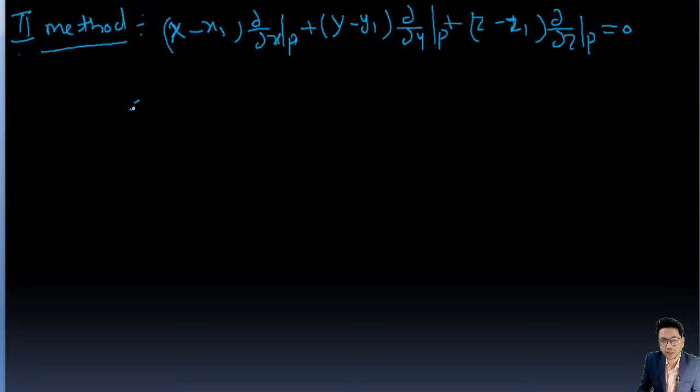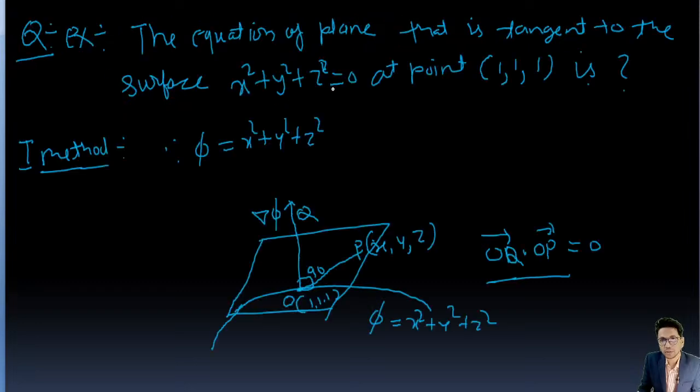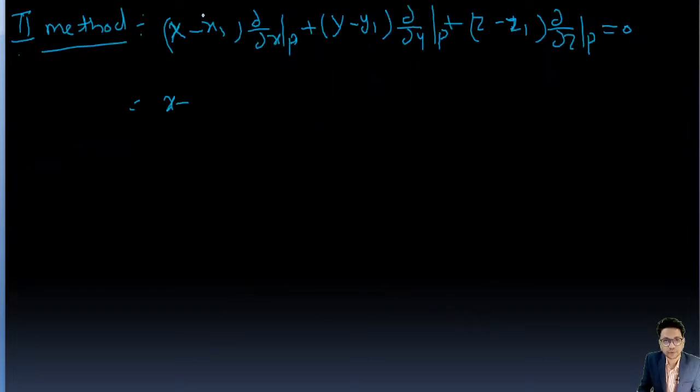So we'll directly put in the values. The points are given, 1, 1, 1, so this is going to be x minus 1 and del over del x at p.